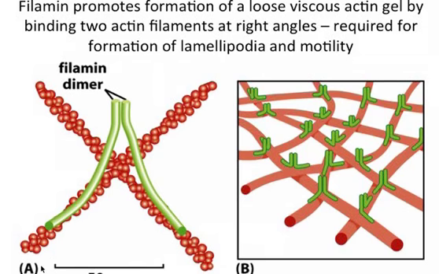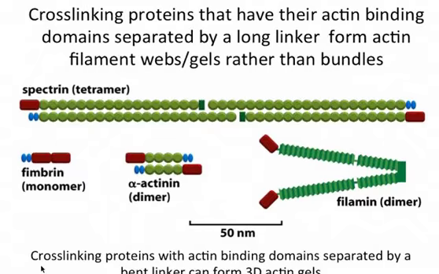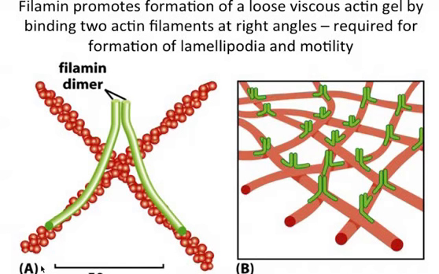Here is actin, here's actin, and it's going to bind here, and it's going to bind here. And so it forms this kind of web-like gel. You can see that looks quite different from the other ones, right? Contractile actin, web-like gel.